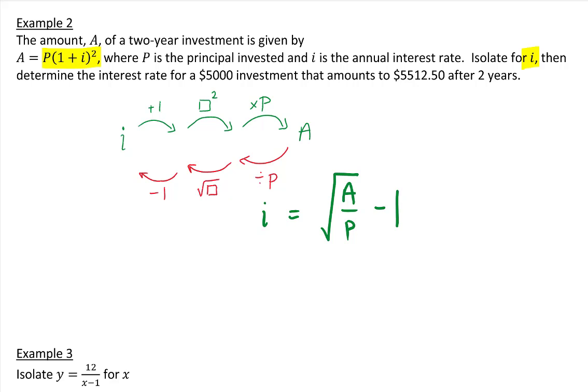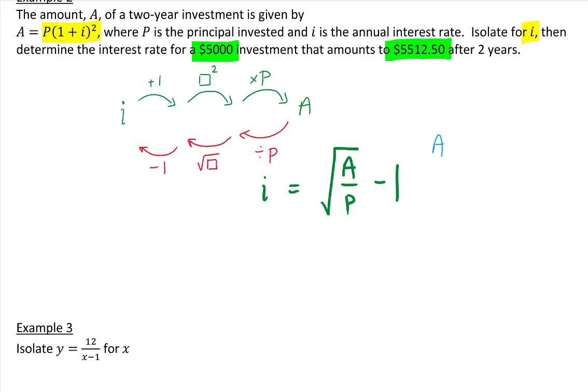Looking above, we see that the principal invested is $5,000. The amount we got at the end of the 2 years is $5,512.50. So we have that A, again that's the total amount, is $5,512.50. We have the principal P, which is 5,000, and those are the only two variables we need to sub into this formula.